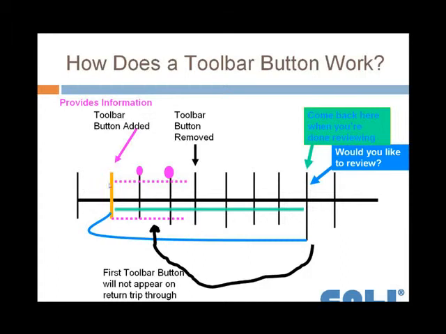And so the first time through the lesson, the student will not see this second button that says, come back here when you're finished reviewing, which I've represented by this green horizontal line at the bottom of the larger lesson line. This green line representing the second toolbar button will only appear the second time the student goes through this area of the lesson. So this is a pretty cool feature, actually.